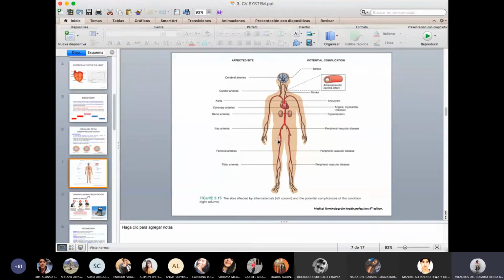If it's in the lower limbs, it's going to cause peripheral vascular disease, and clinically, the patient will have intermittent claudication. So this consists that when the patient walks, he feels a lot of pain.